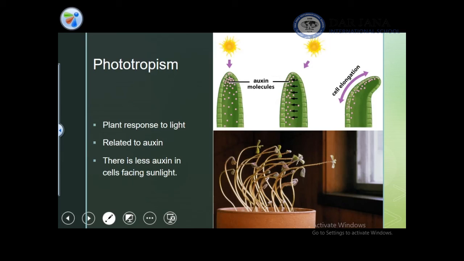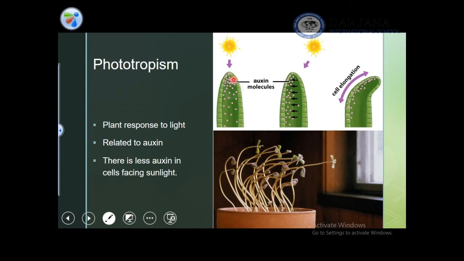Phototropism, as you can see here in this image, as you all know, whenever plants start bending towards sunlight, this process is called phototropism. It is a kind of positive tropism, a positive response of plants to the stimulus. In the first image, you can see what could happen and which hormone is directly affecting the phototropism process.